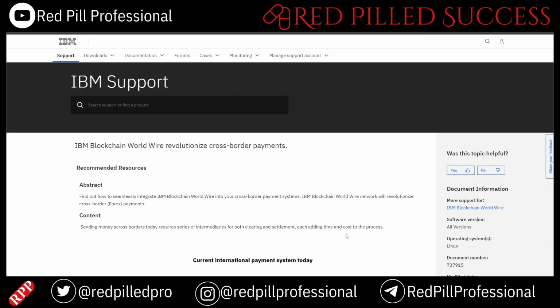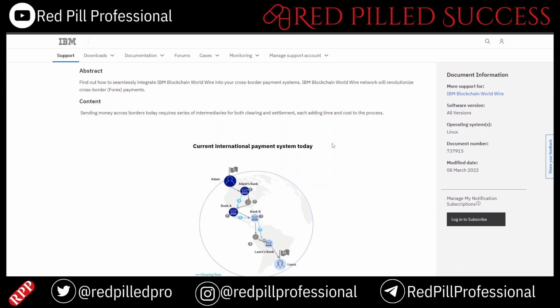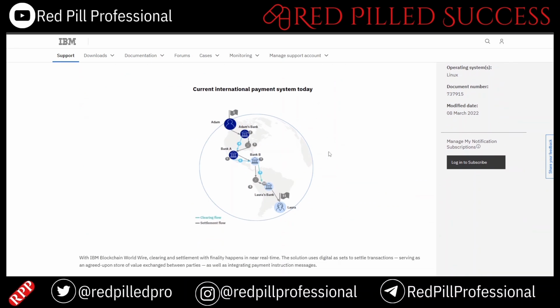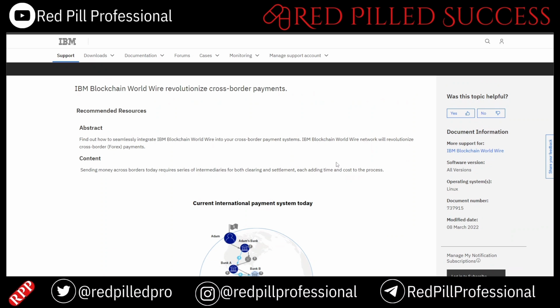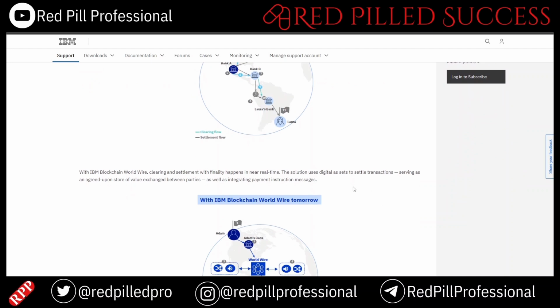So if we look at this, it is from IBM. It's all about World Wire, and is explaining how it works. So this is referring to the USD token, which would actually run on World Wire.